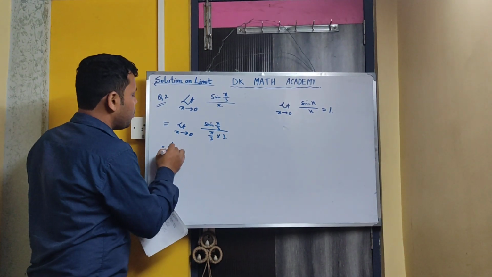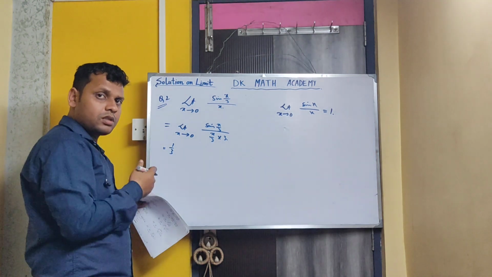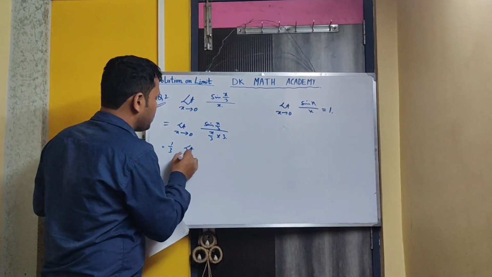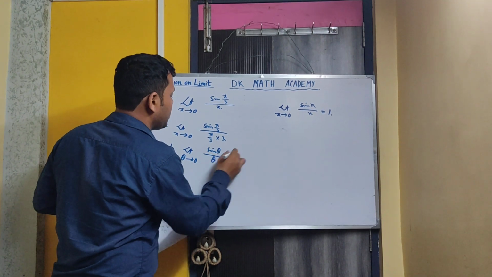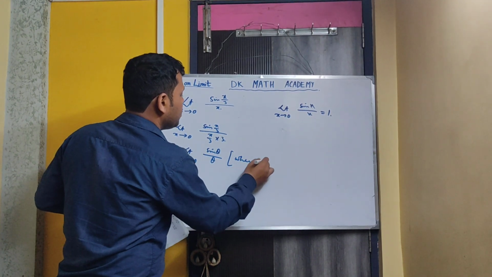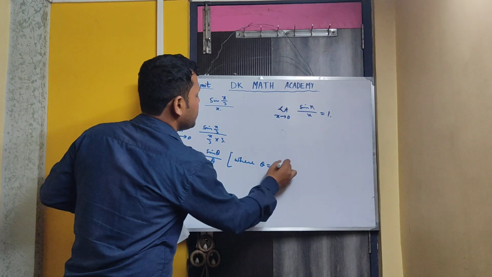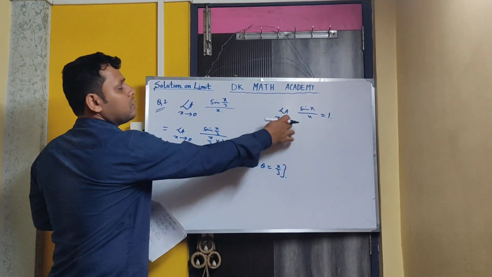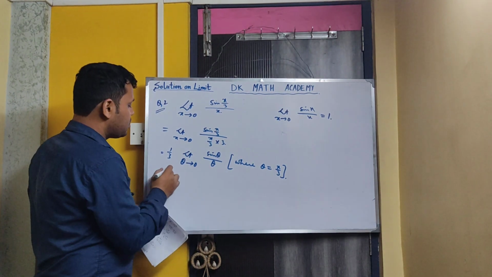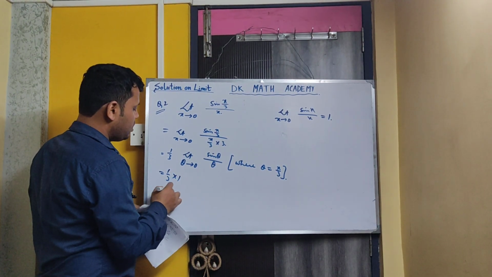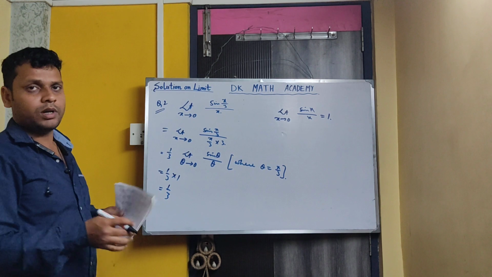That means 1 by 3 comes outside of the limit, and this is limit theta tends to 0, sin theta by theta, where theta equals x by 3. Then follow this formula, its value is 1, so this is 1 by 3 into 1, so the limiting value is 1 by 3.